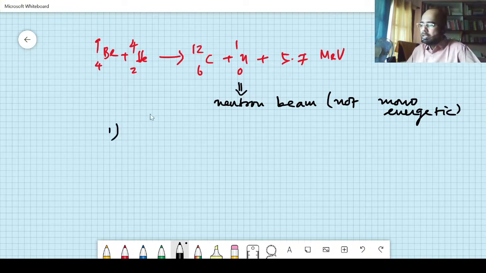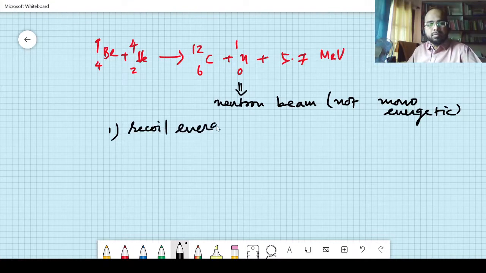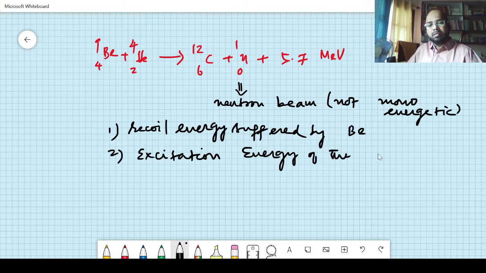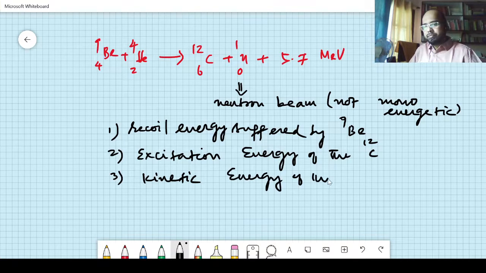One is the recoil energy suffered by beryllium, and two is the excitation energy of the C12, and the third one is the kinetic energy of the alpha particle.